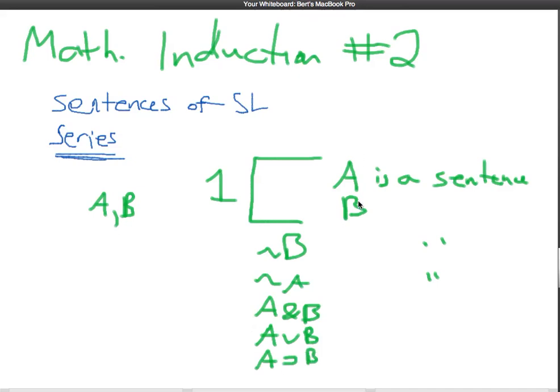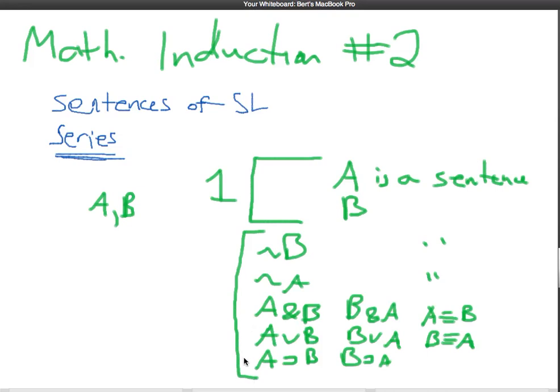And in fact, we can also change the order. So B and A will be another sentence, B or A will be another sentence, if B, then A will be another sentence, A if and only if B, and B if and only if A. Okay, so you can think of this as stage 2.